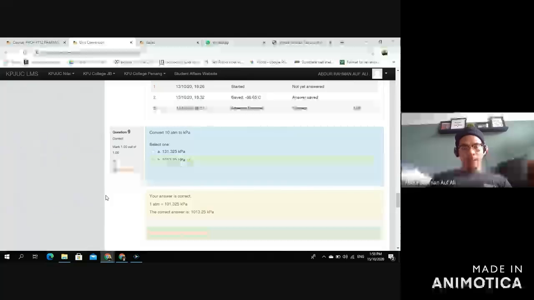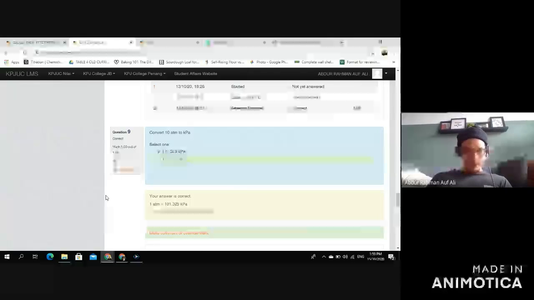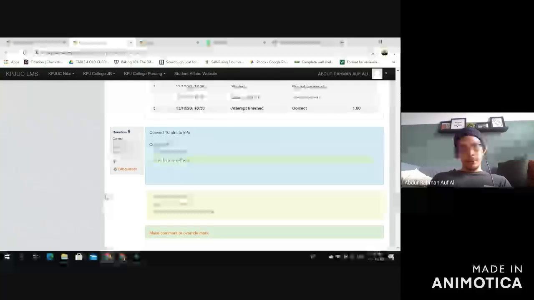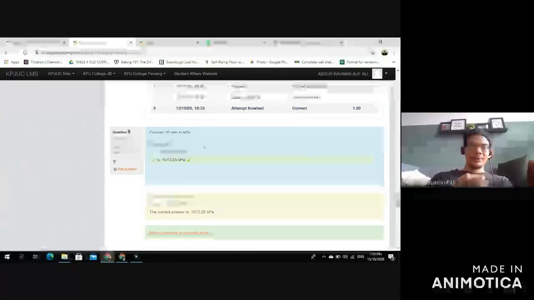Next is about pressure, because we are observing gas behavior and gases exert pressure. So we must know the units involved in calculating pressure. For example, here you need to convert atmospheric pressure, ATM, to kilopascal. So 10 ATM to kilopascal.